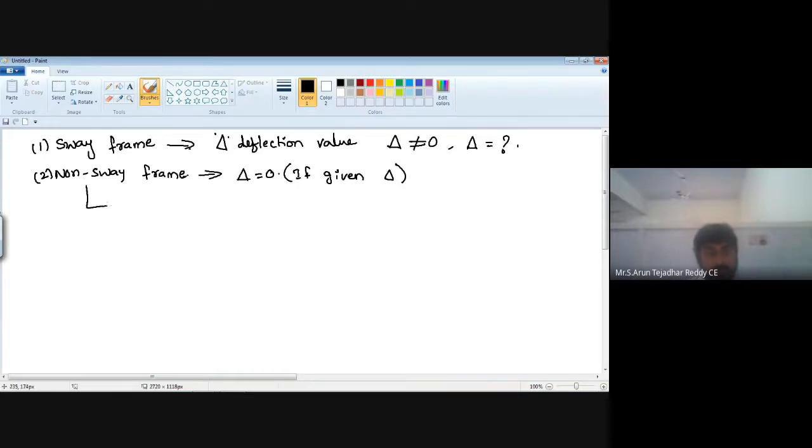Why? Because the non-sway frame is a symmetrical structure. The sway frame is an unsymmetrical structure.